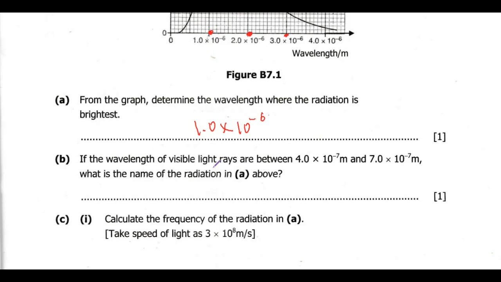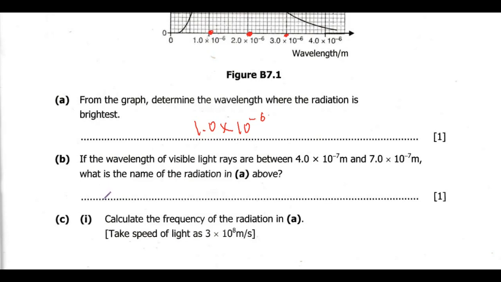This question is basically focusing on the electromagnetic spectrum. The spectrum lines up all the radiation depending on the wavelengths. So you've got the gamma rays, then the X-rays and ultraviolet, then you've got light waves.